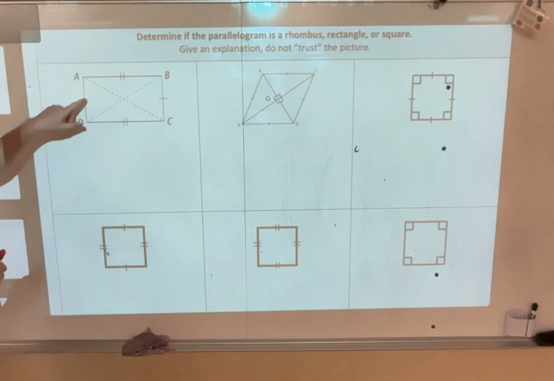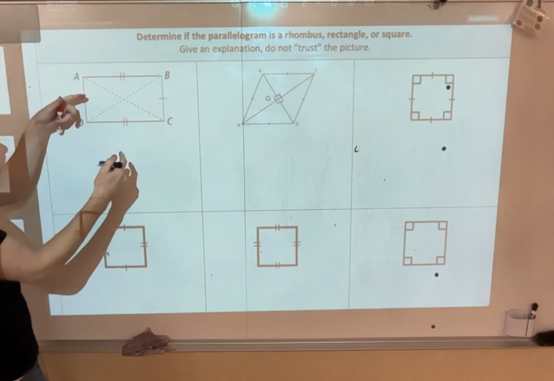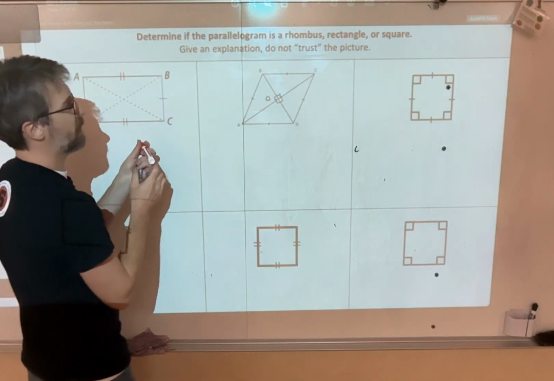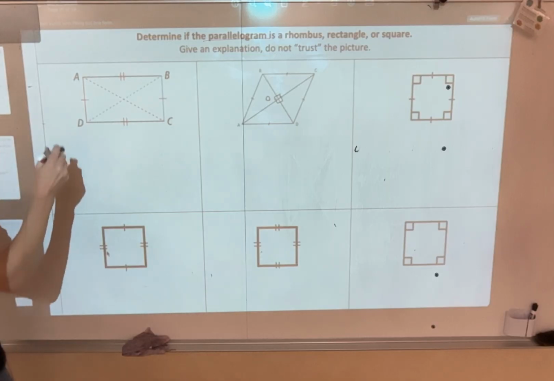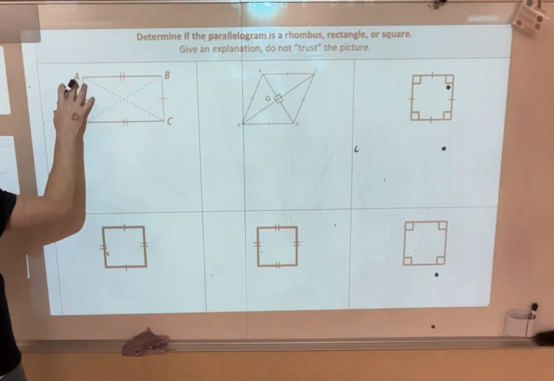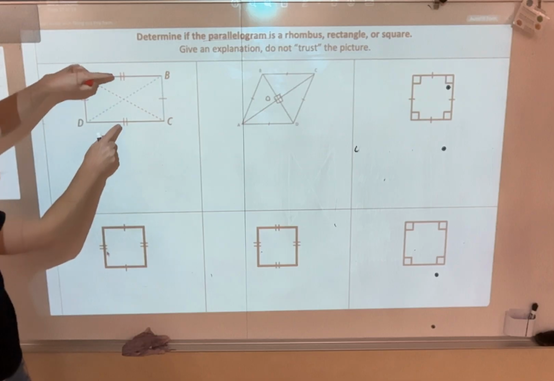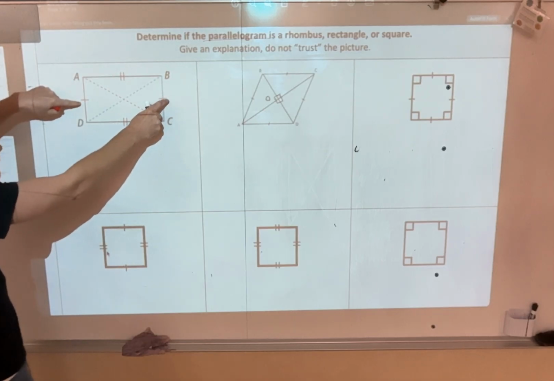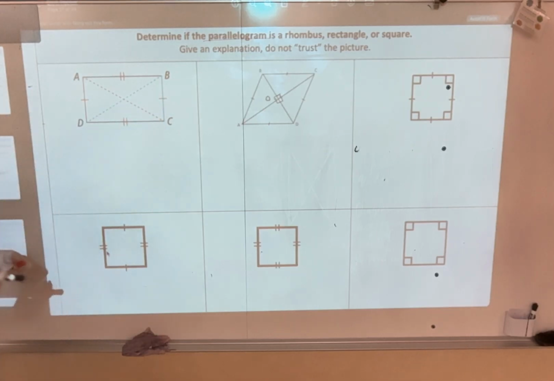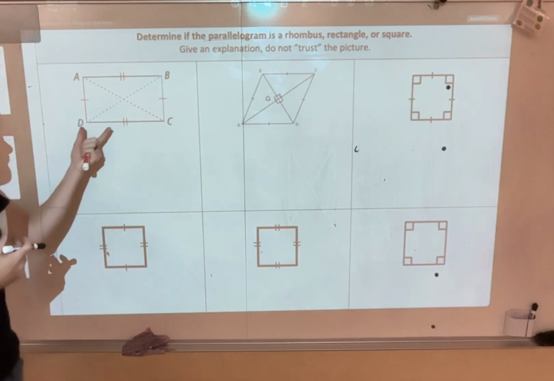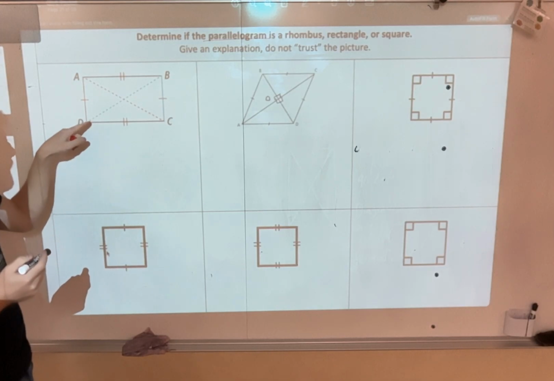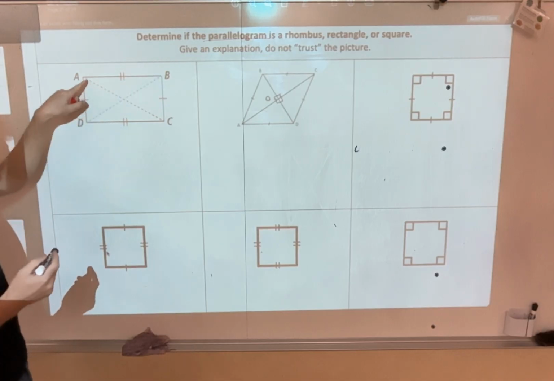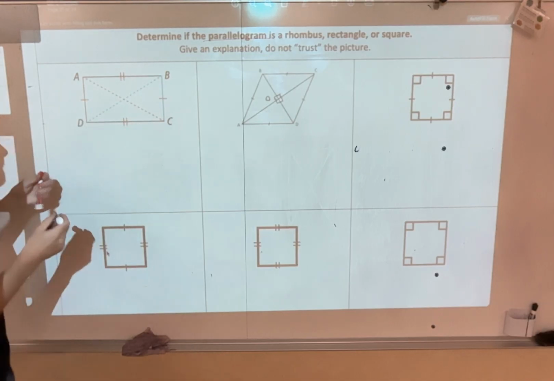Okay, so for this one, we know it's a parallelogram. I can tell it's a parallelogram, one, because it's given. So determine if the parallelogram is a rhombus or a square or a rectangle. But looking at this one, I know it's a parallelogram because we've got opposite sides that are congruent, right? Now, is it a rectangle? Technically on this one, I don't think we have enough information, but I think the idea is that the diagonals are congruent.